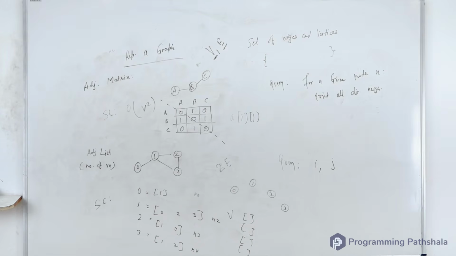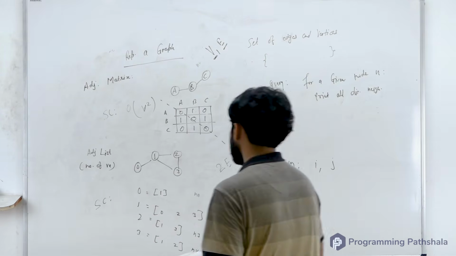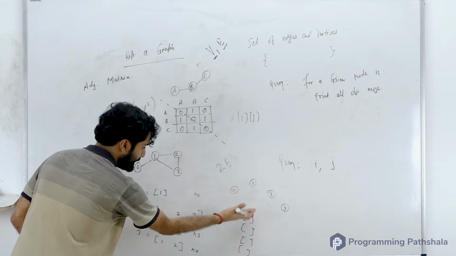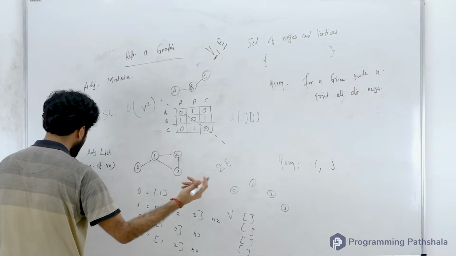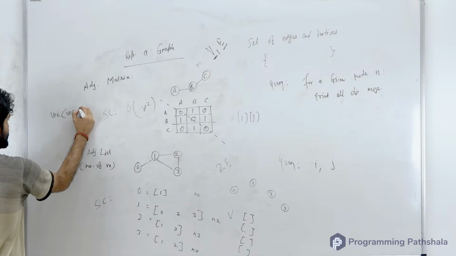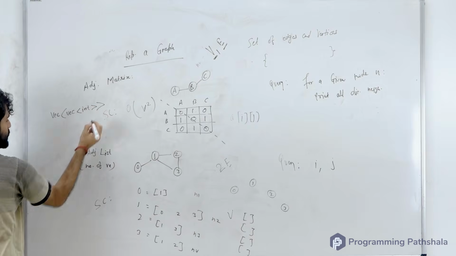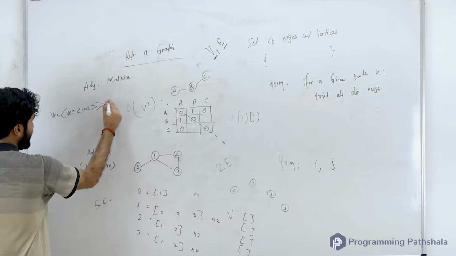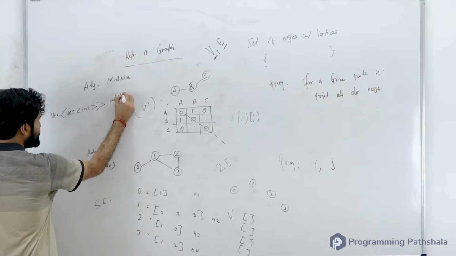I can have a vector of vectors. If you know that there are V vertices, there have to be V different lists, and every list can be thought of as a vector. So I need a vector of vectors of integers, because every node is represented by a label which is an integer, and I can call it the adjacency list.